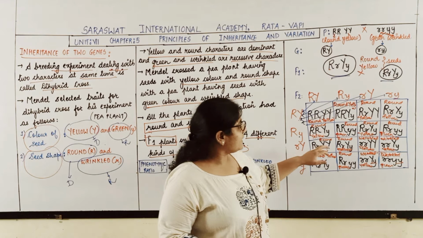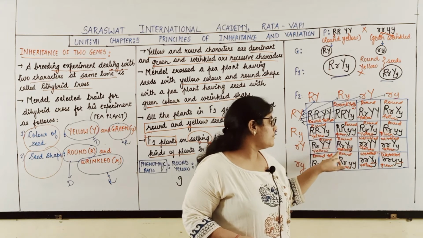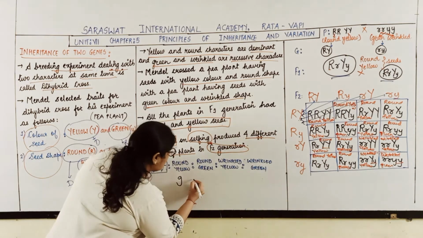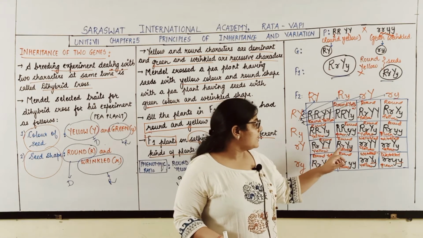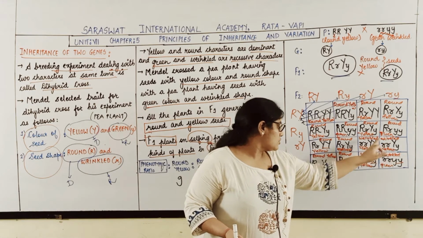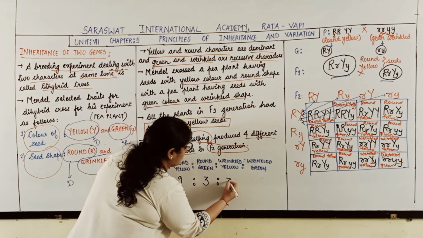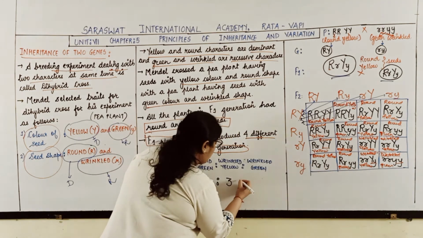Now round and green. So this is 1, this is 2 and this is 3. Now wrinkled yellow 1, 2 and 3. And wrinkled and green only 1.